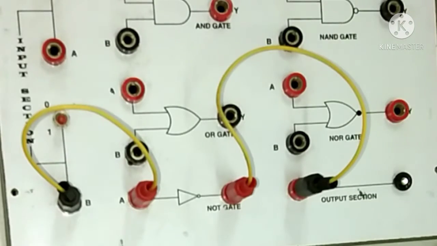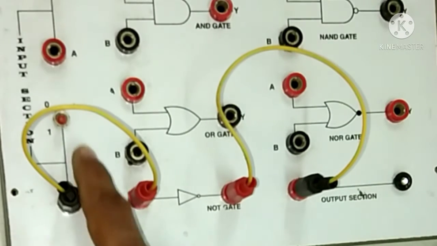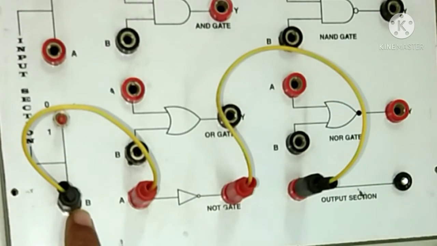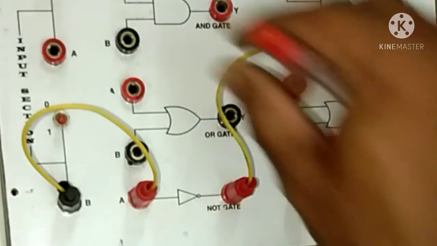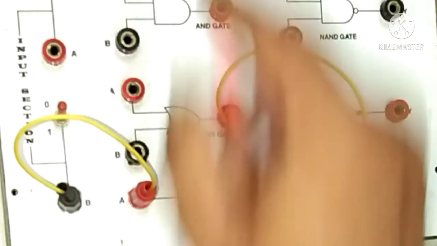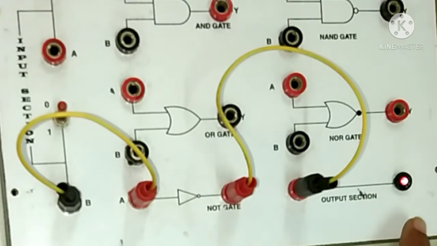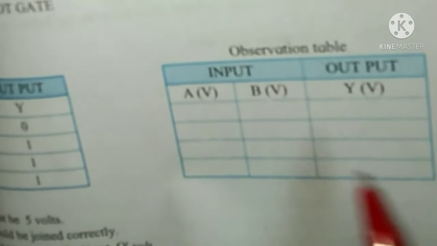Then in this one, only one input and one output. When we keep the input 1, that is high, then at that time their output is simply 0. And when we keep input low, that is 0, then at that time their output is simply 1, that is high. Right? Now we want to see that. One input and one output.